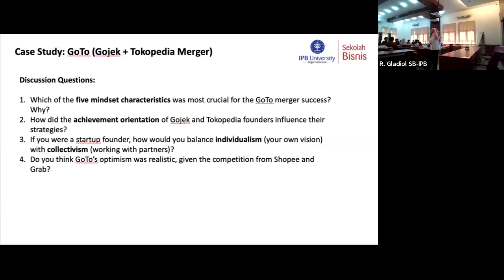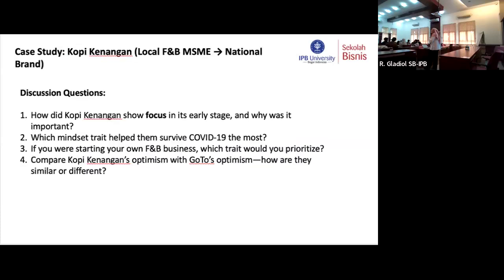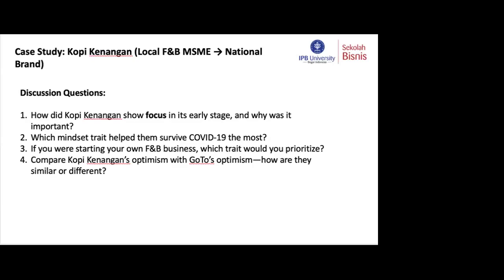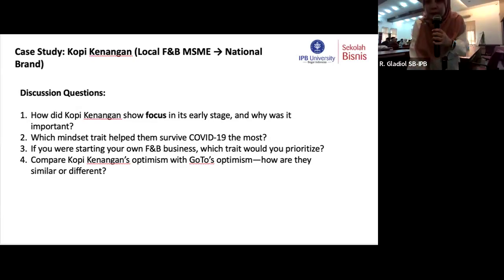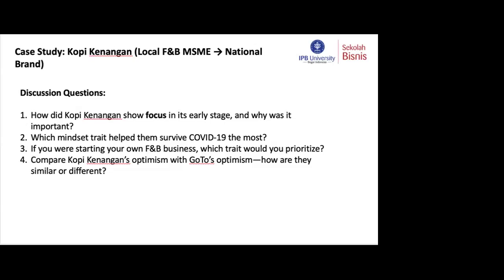Okay, thank you. And the next one is Kopi Kenangan. Hi, on the Zoom. Who wants to share first? Number 1. I will be presenting. Okay, please. For question number 1: how did Kopi Kenangan show focus in its early stage and why was it important?